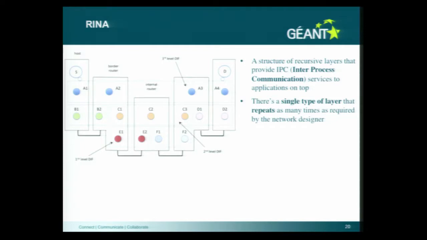There's a single type of layer. Now, layers are based on certain technology: you have an Ethernet layer, an IP layer, an MPLS layer. Every layer has a different scope, but also a different technology. In RINA, you have a single type of layer that repeats as many times as you require.